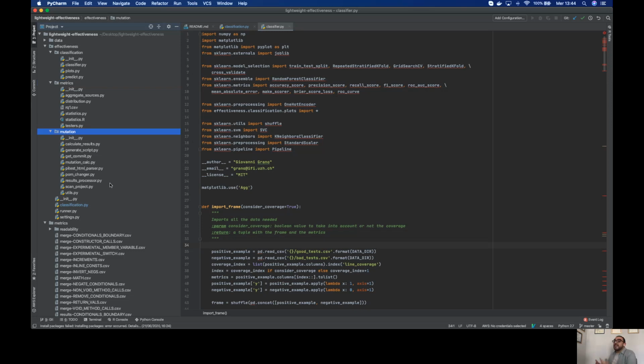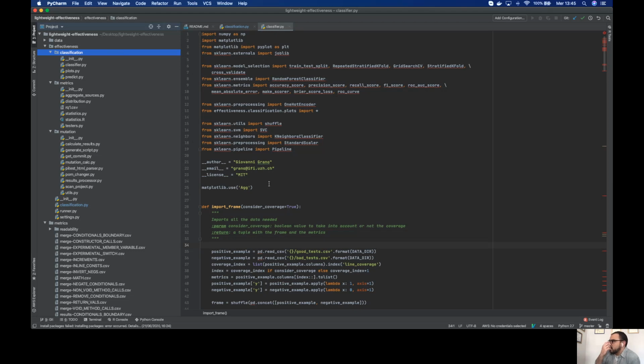The mutation package contains instead all the scripts required to compute the dependent variable, and particularly how to run PyTest in order to compute the mutation score. And finally, you have the classification part, which is the most interesting part, if we could say.